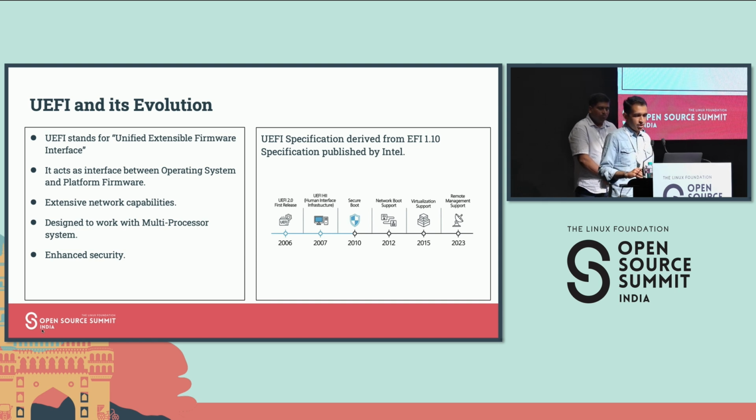So this is about its evolution and why this specification was thought through. To explain EDK better, we need to understand the basics of why it evolved and why it came as an open standard.